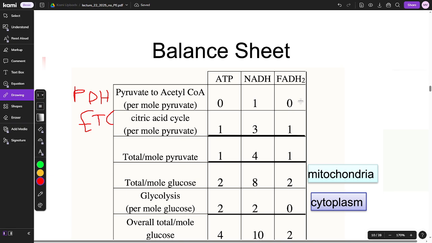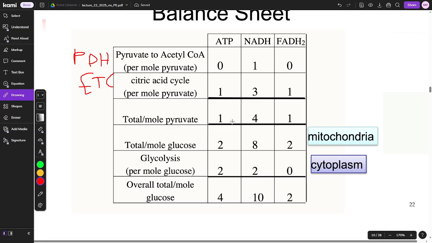It's not being released into the mitochondrial matrix where it can be used as a carrier. It's just being recycled in that enzyme over and over again. And then for the citric acid cycle, we've got 1 ATP, 3 NADHs, and 1 FADH2. We've got all of these added up together. 1, 4, and 1.